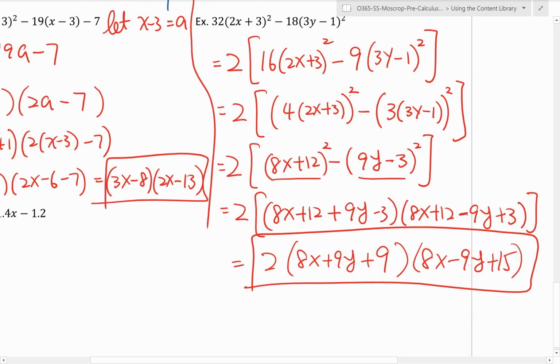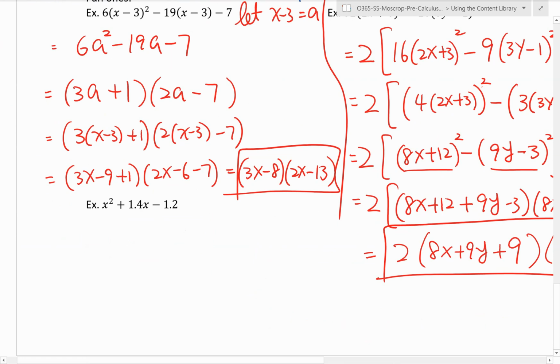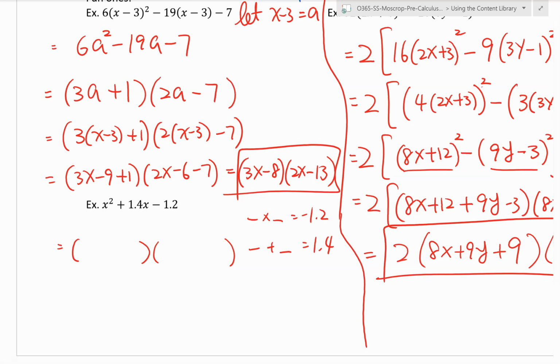All right. Last example that we're going to do. This time we have decimals. It's the same thing though. Basically, this is a simple trinomial. So you're looking for two numbers that multiply to negative 1.2 and the same two numbers add up to positive 1.4. Is there such a thing?